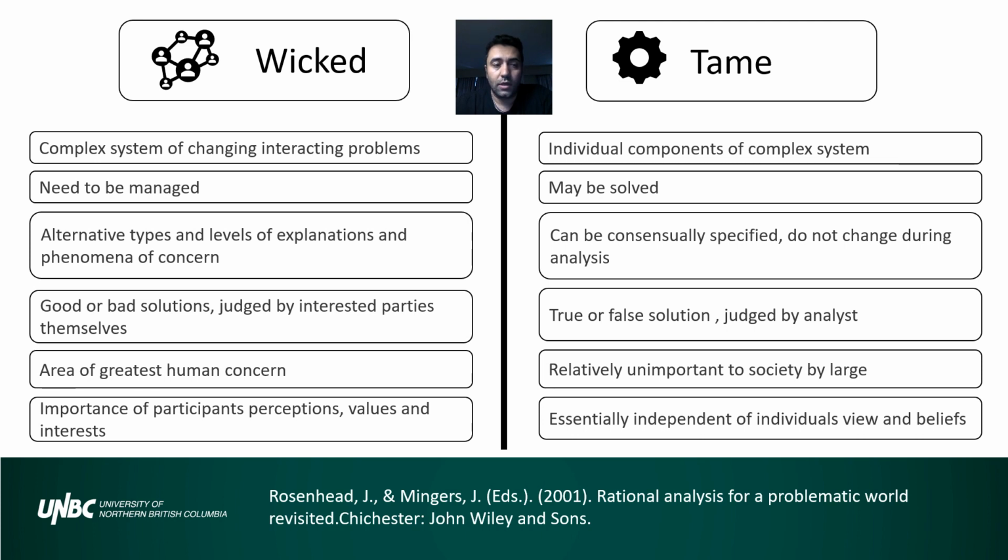Wicked problems, according to their definitions, are a complex system of changing, interacting problems, while the tame ones are individual components of a complex system. Wicked problems need to be managed, but tame problems may be solved.